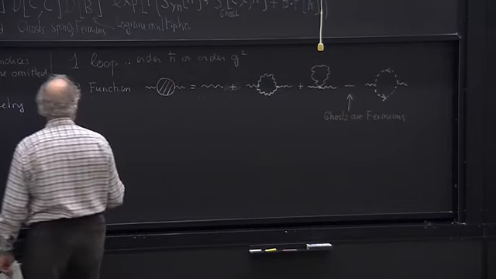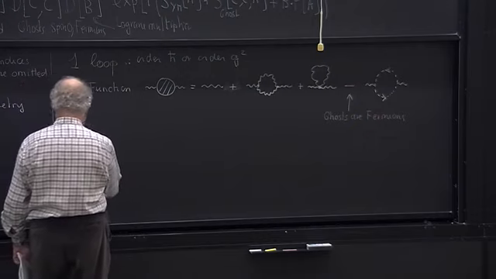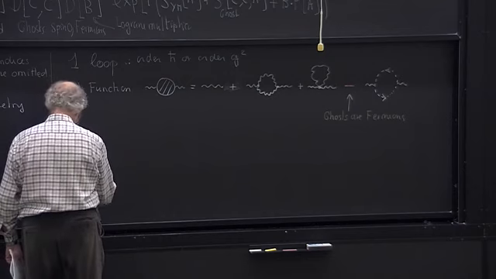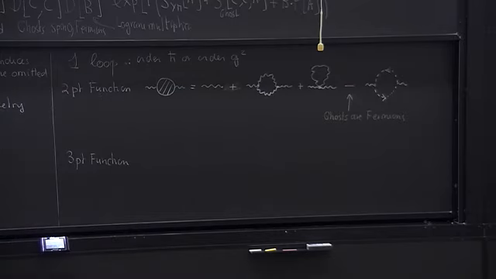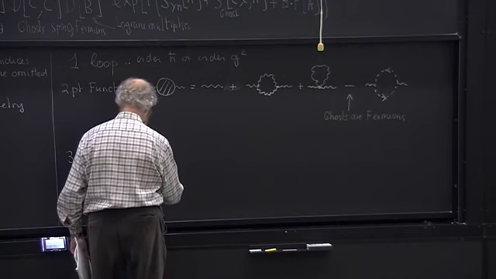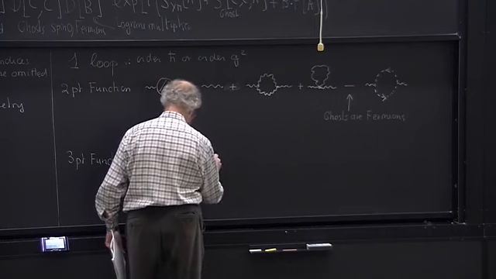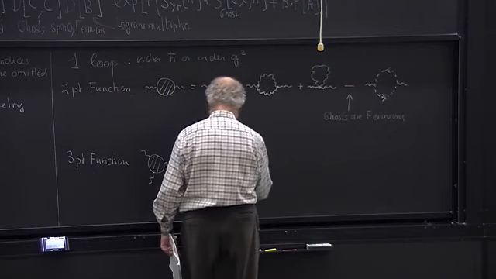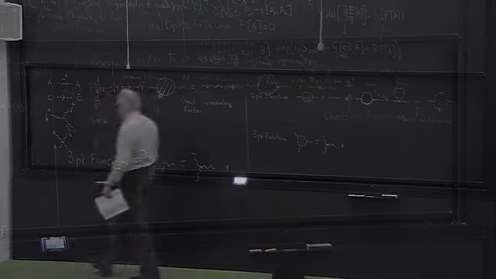And, well, the same thing for the three-point function. We discuss the three-point function. Well, I'm going to discuss mostly three. So the three-point function, this is the tree-level diagram. This is the term of order g, and then you have the one-loop diagrams, and one-loop diagrams can be created in many ways.